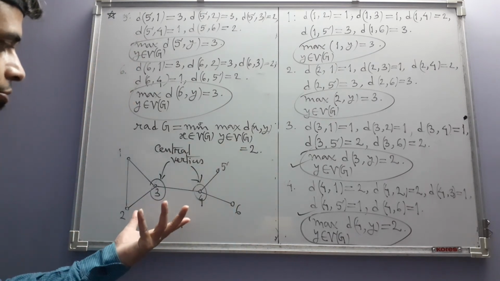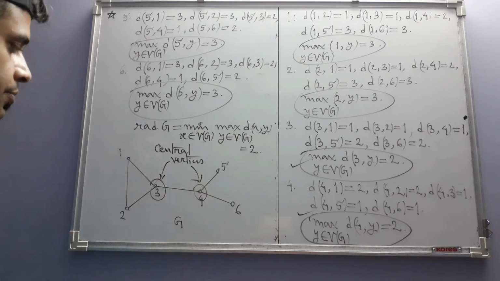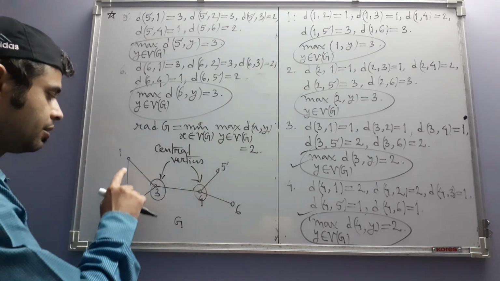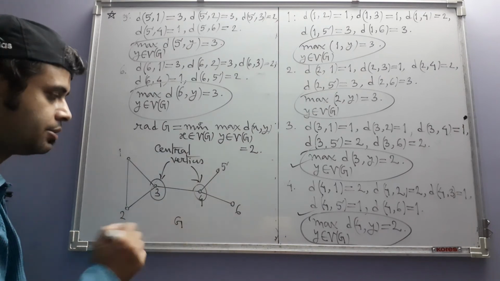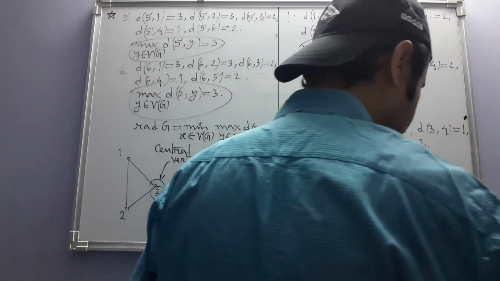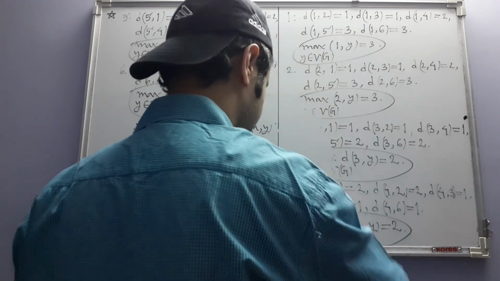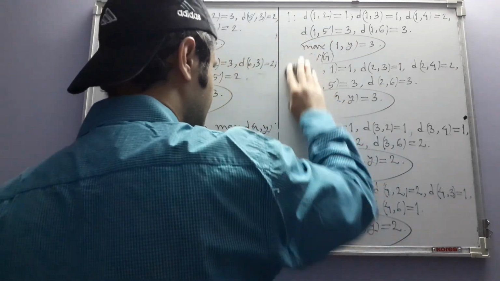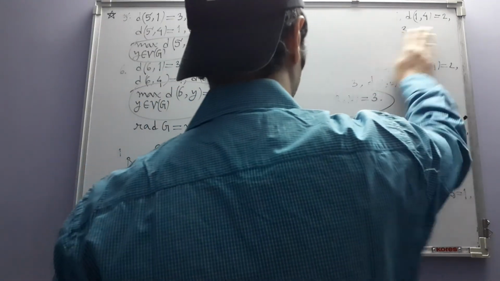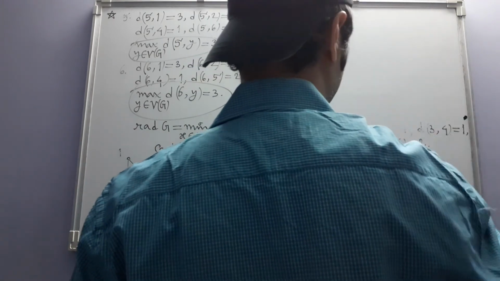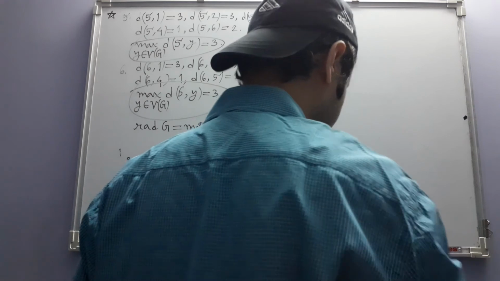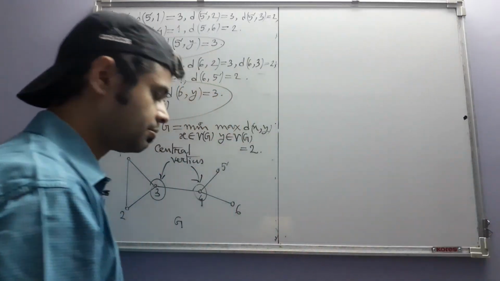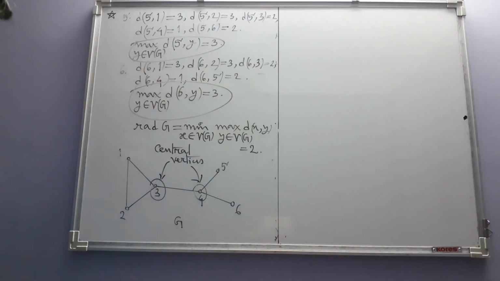So this graph has radius 2 and its diameter is 3, which you can easily see. These terminologies, diameter, center, radius, remind us of a circle from ordinary Euclidean geometry.